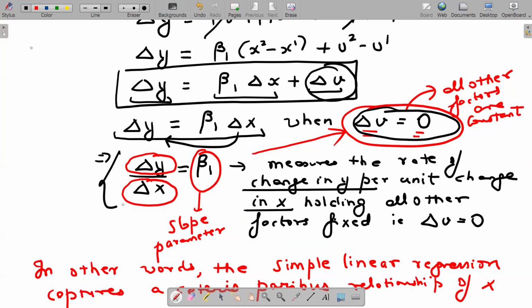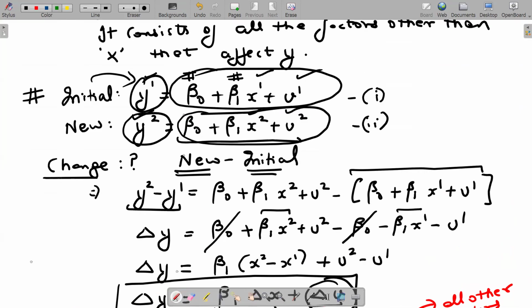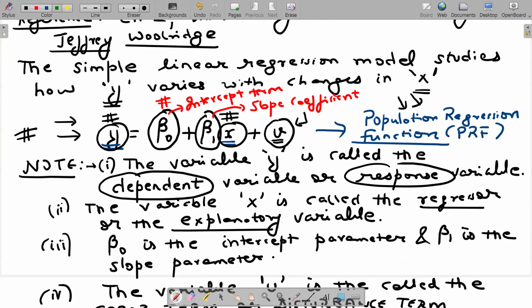Now, in econometrics, what we are interested in estimating is these population parameters beta naught and beta 1. As an econometrician, we are interested in looking at estimates of beta naught and beta 1 because population is very large. We don't know the population. I can only estimate the population parameters for which I will be conducting a sample. I will be taking a random sample.